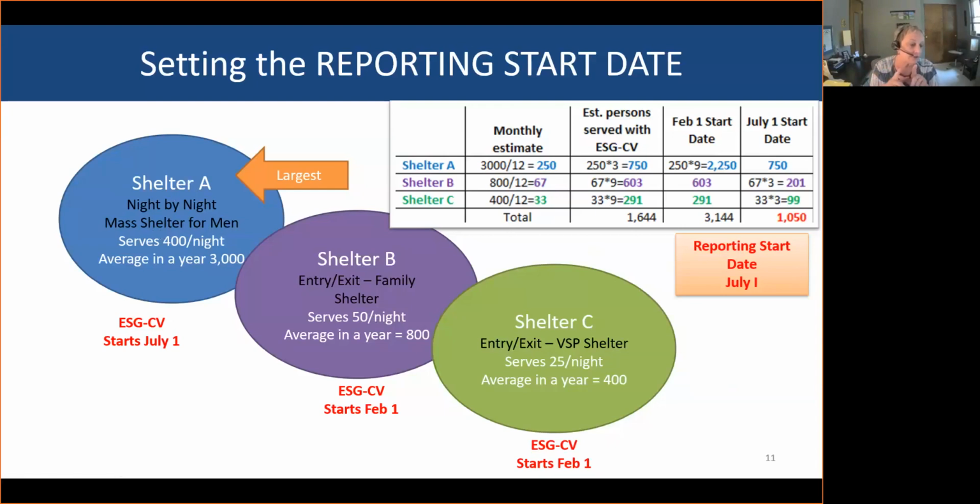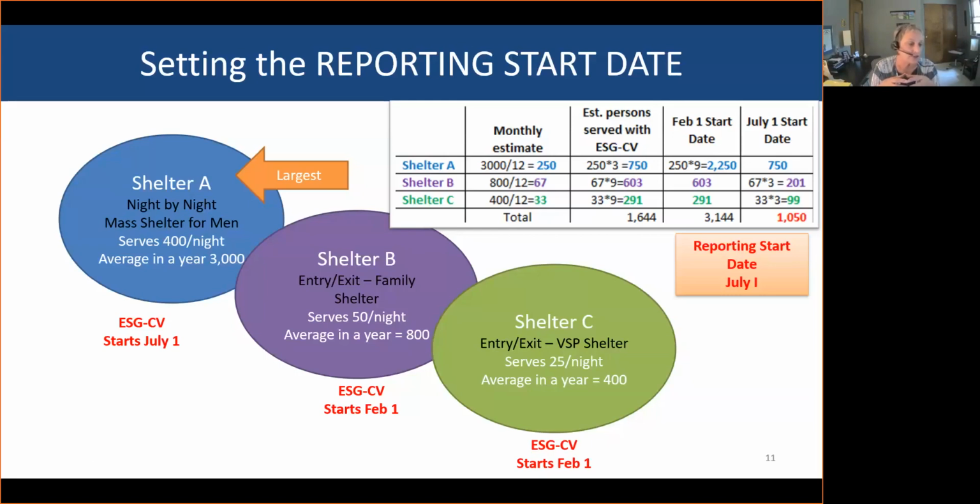What is different is if you started up a homeless prevention project or an RRH project with the ESG-CV money, then those projects are going to sit in their own project within the HMIS, so it doesn't matter. They don't calculate into this calculation, because if you started earlier than the RRH program started, it wouldn't matter because there weren't any people in RRH then, and the report wouldn't show an overcount.